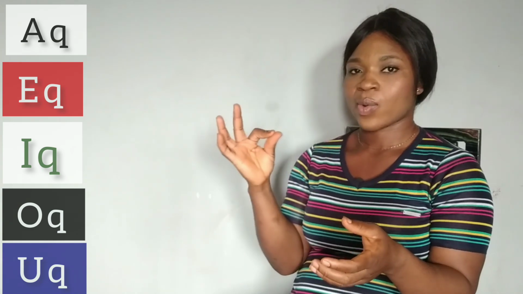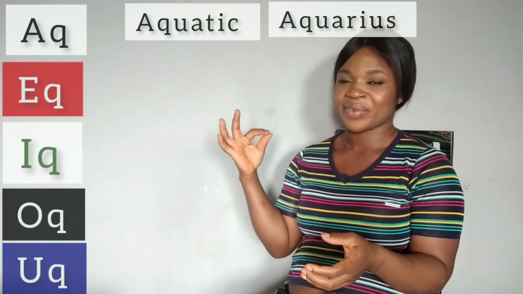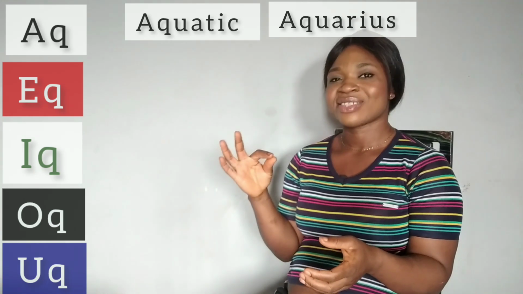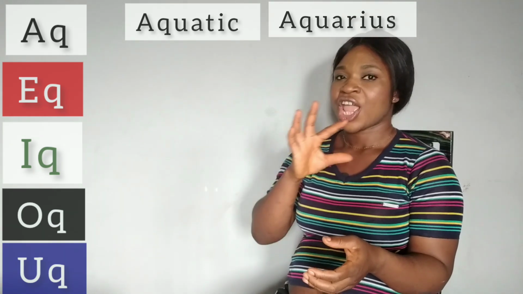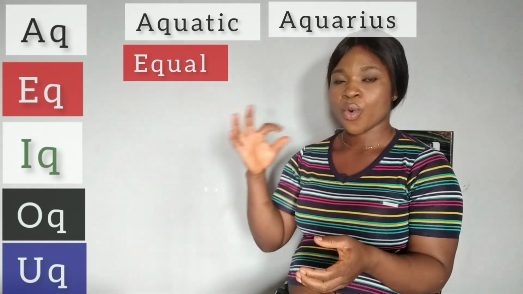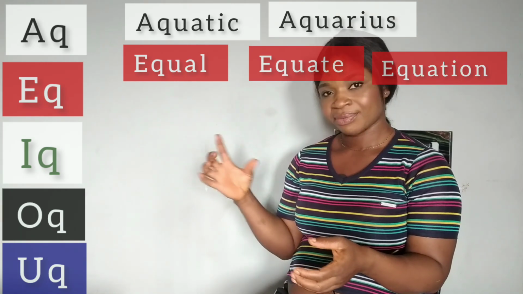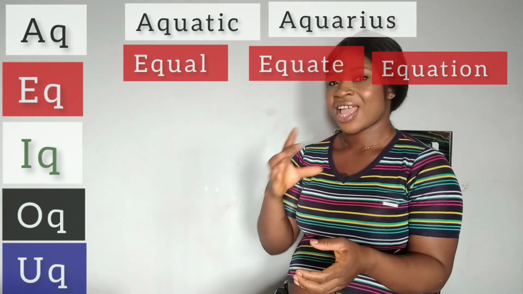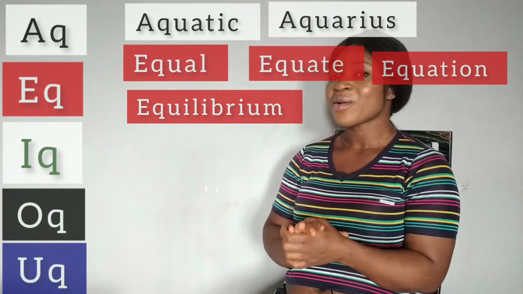So let's see the next one. Now we have the ak sound. Now fill the rest, okay? Add 2 or 3 that you know. Now let's see the next one. Ik. We have the equal, equate, equation, equilibrium. So add the remaining ones, add yours.